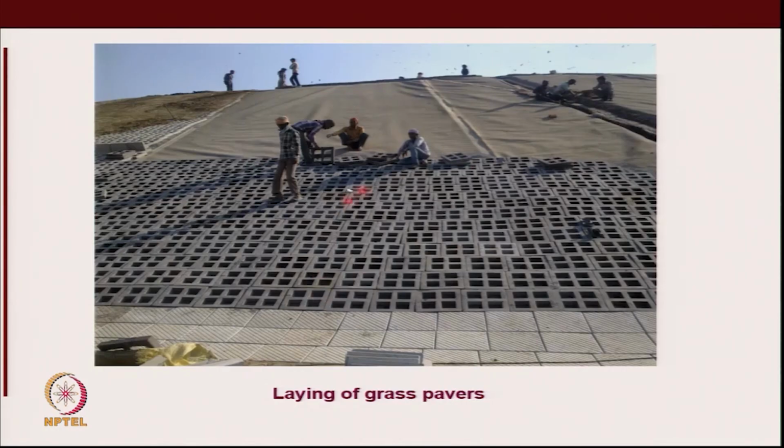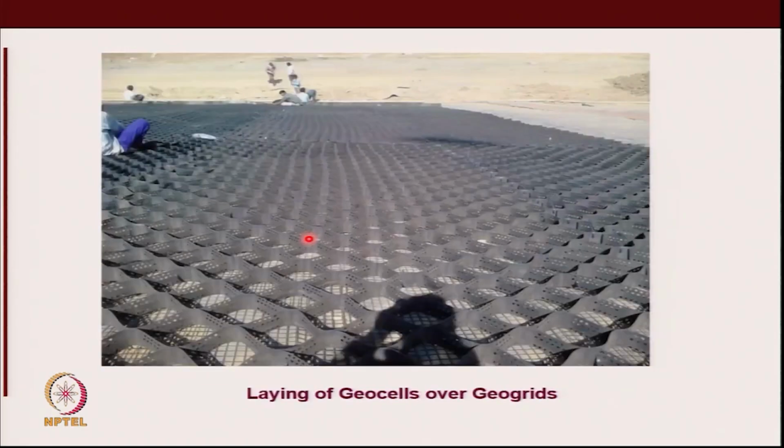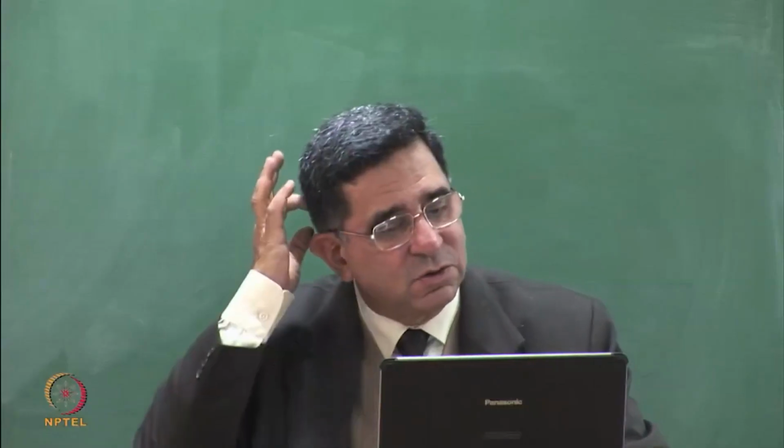On the slope they were using paver blocks because soil was not stable. We'll look at it under slope stability issue, but I just want to show you that's grass in the paver blocks along the sides. These are geocells filled with soil. Geocells are nothing but 6-inch high accordion arranged bands of geosynthetics.